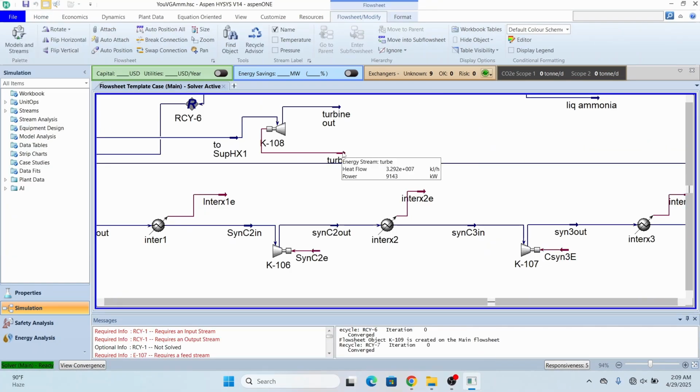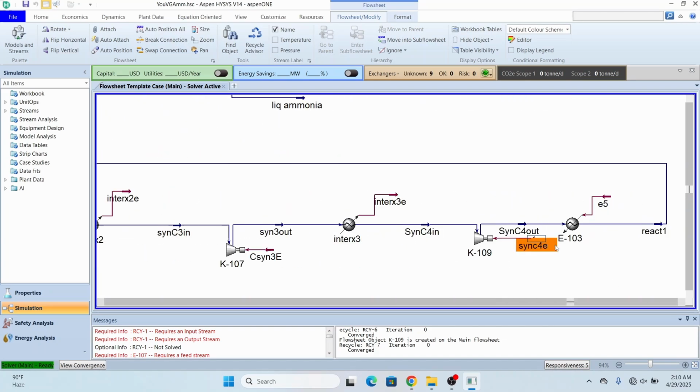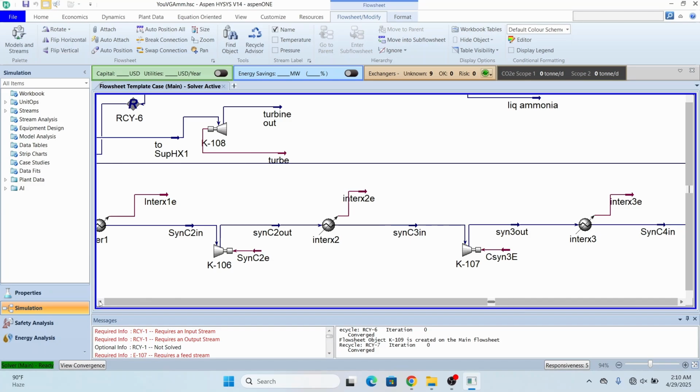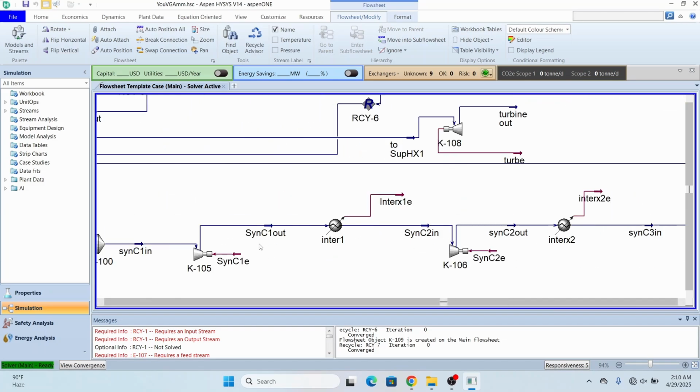So now this turbine is generating power of 9,143 kilowatt, but if I see my compressor stages, these powers are greater. So 5,000, 5,000, and here it is 5,000. So approximately the four stages are taking 20,000 kilowatt of power.